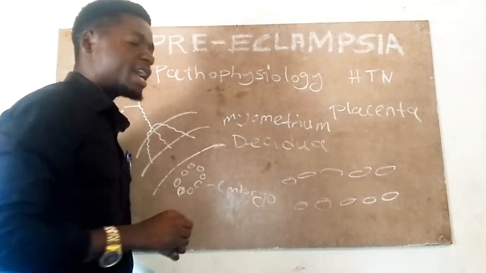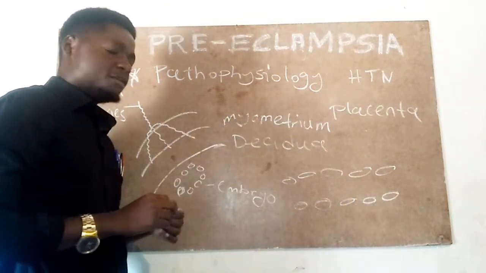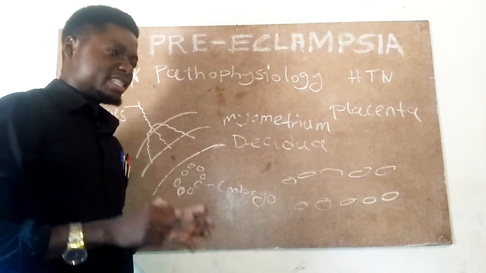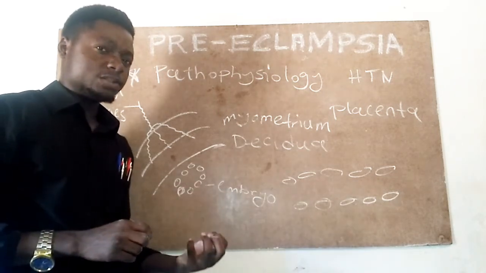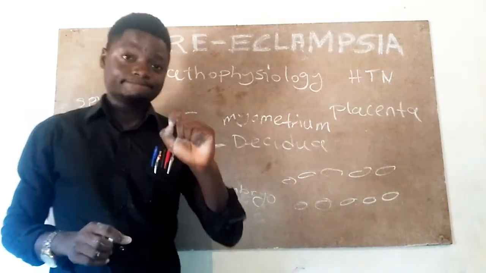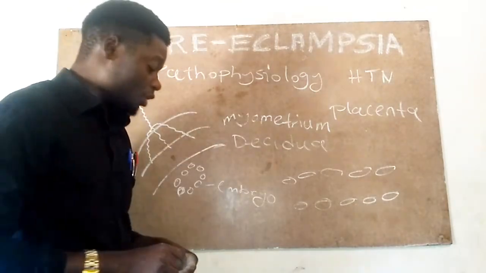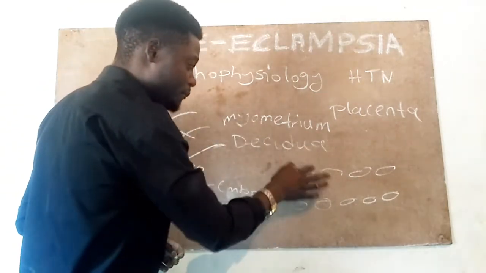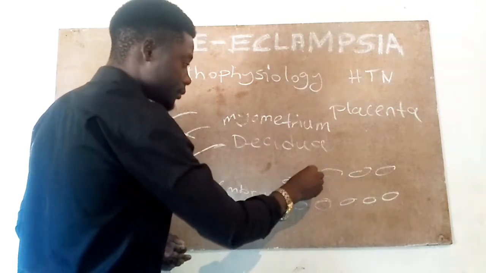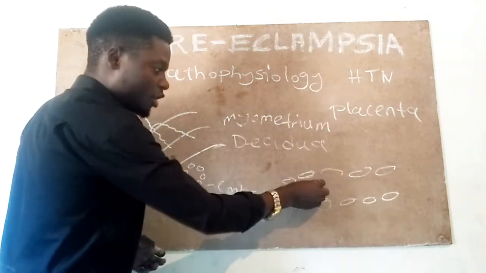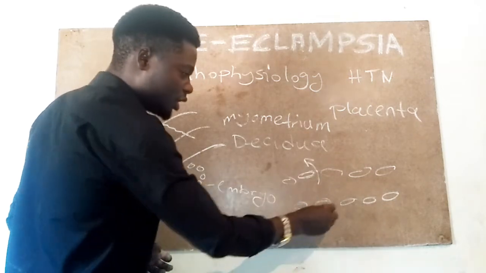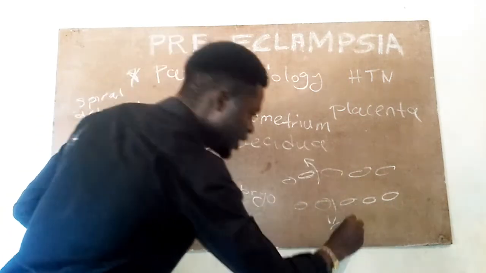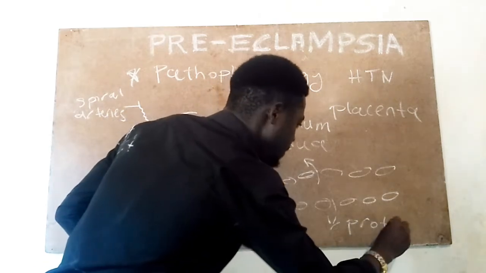There's going to be hypertension, increased vascular resistance, because of the damaged endothelial cells. As well as that, the endothelial cells are going to increase in permeability, so proteins will be seeping into the interstitial spaces. So here we have our proteins.